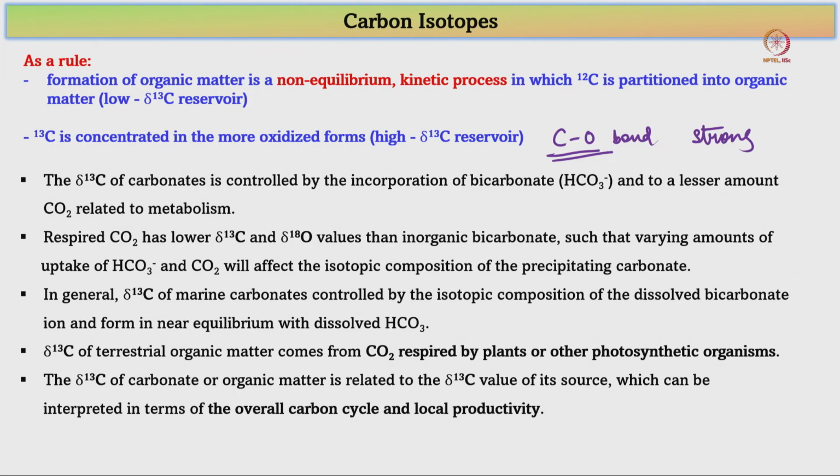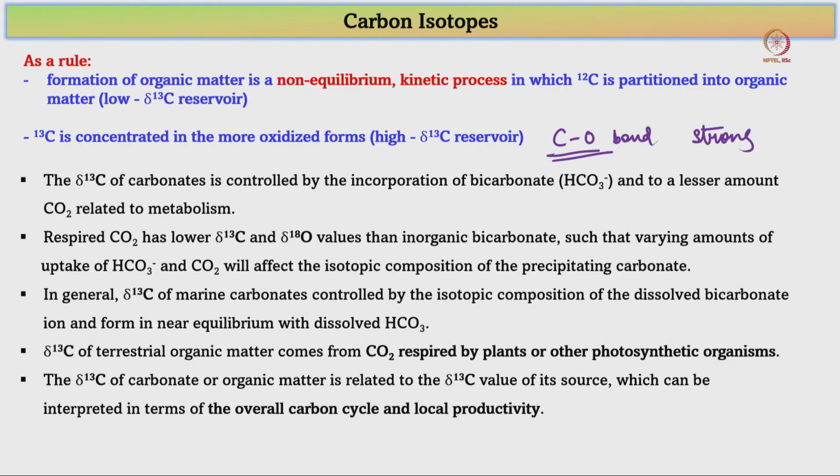But if it is getting respired or something like that, if you are measuring the carbon dioxide that is getting respired, then the respired carbon dioxide has lower delta 13C and delta 18O values than the inorganic bicarbonate. Why? Because my body is made of less 13C.